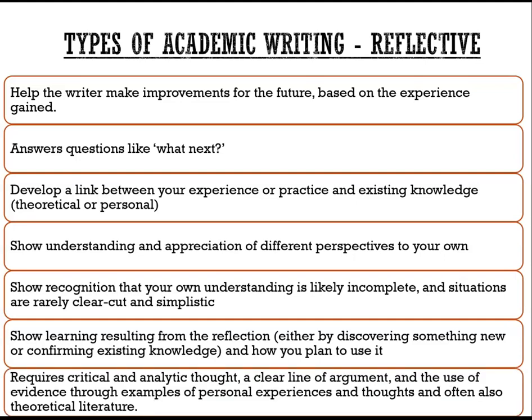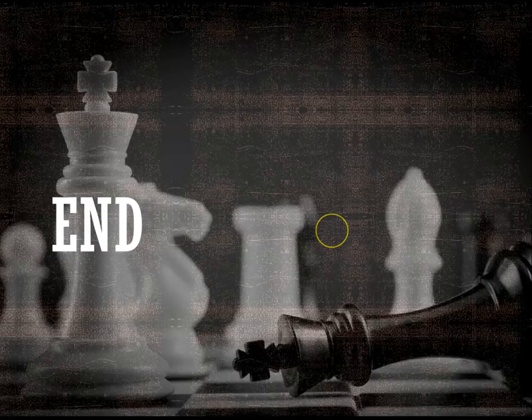So lastly, it requires critical and analytic thought and a clear line of argument, and the use of evidence through examples of personal experience and thoughts, and often also theoretical literature. So you need to link all those together. Okay, thank you. This is the end.